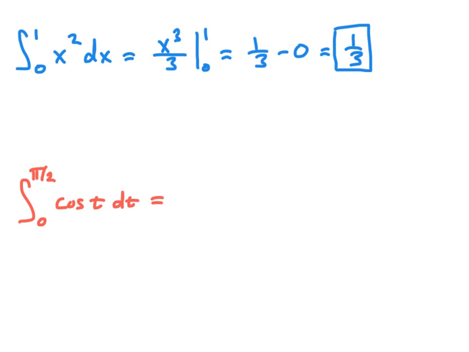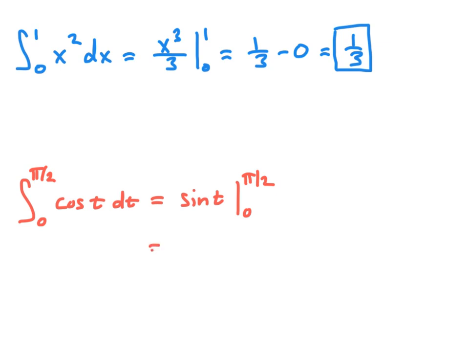In our second example, we want to find the definite integral from 0 to pi over 2 of cosine t dt. The first step, as always, is to find an antiderivative of our function, and in this case, that would be sine of t. And we want to evaluate sine of t from 0 to pi over 2.